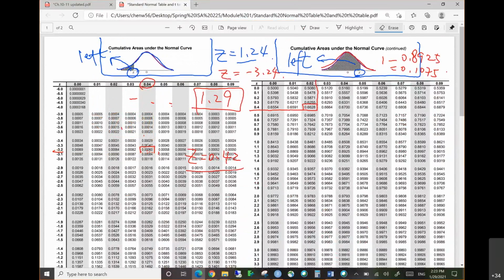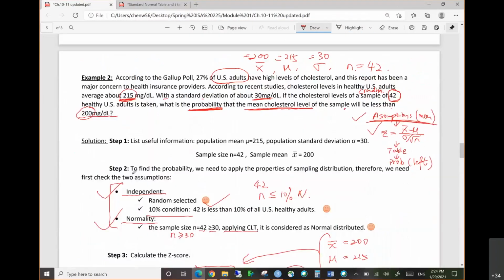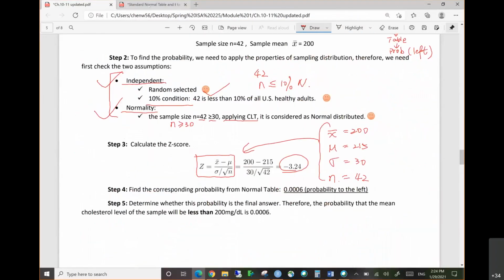So now you have z equals negative 3.24. What is the probability to the left of negative 3.24? Oh, perfect.